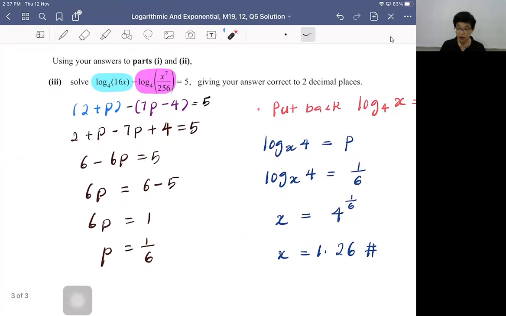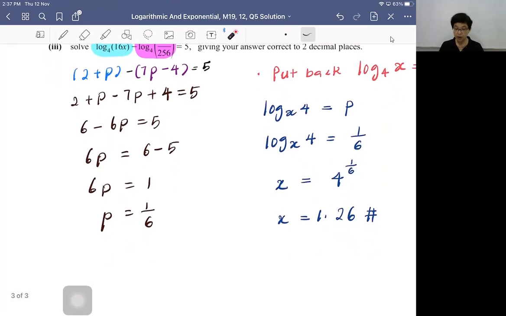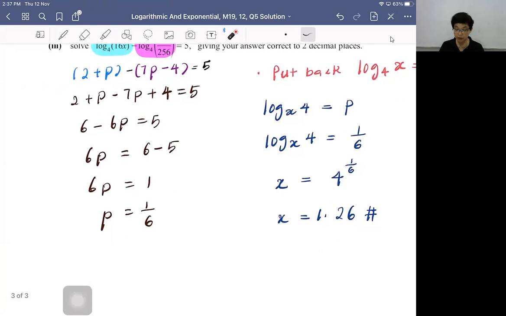Then you just solve the linear equation: add 6p to both sides, that's where you get plus 6p, and then you minus 5 from both sides, that's how you get 6 minus 5 without much difficulty. Now you divide both sides by 6 to get p equals 1 over 6.